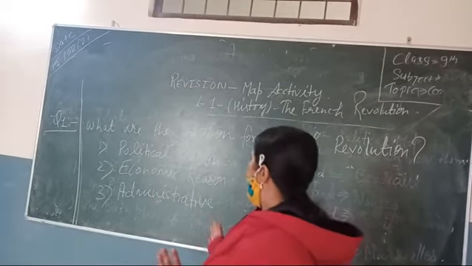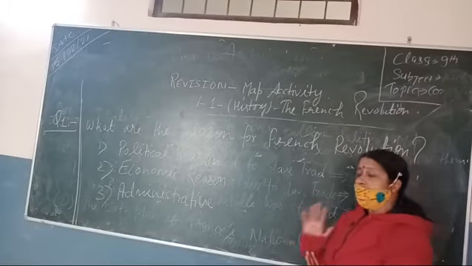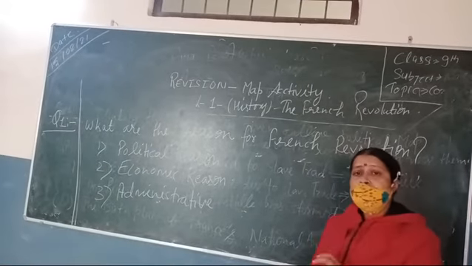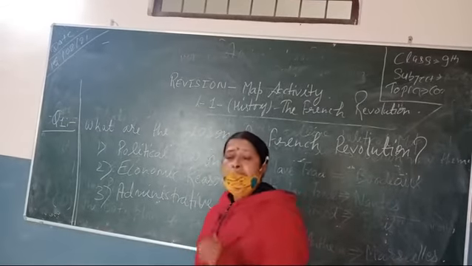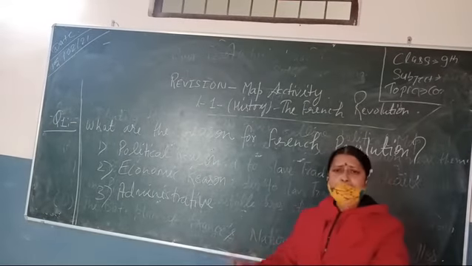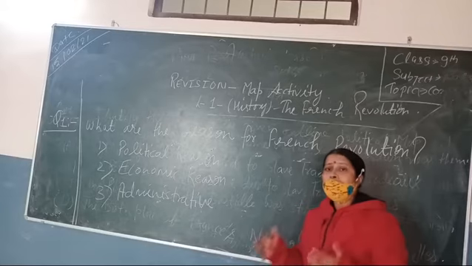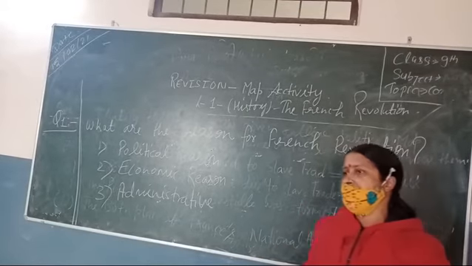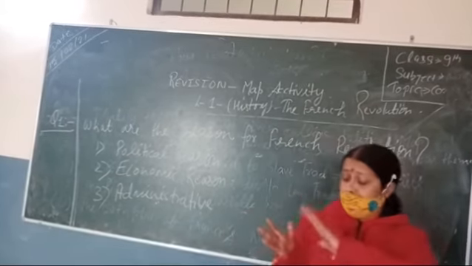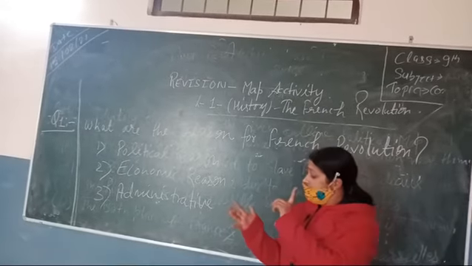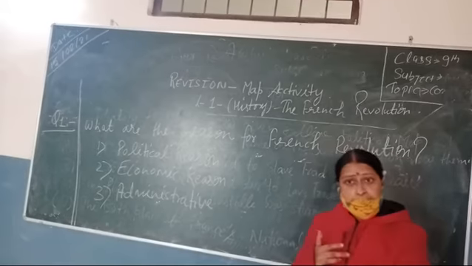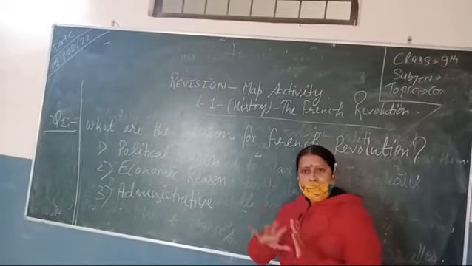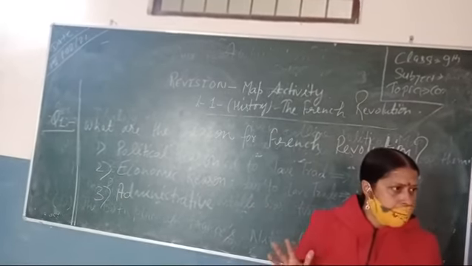Understood? Now we are talking about the economic reason. Yes, there were great economic reasons for the third estate people, as they were suffering from hunger. You know how important this chapter is. When we study the French Revolution, the Russian Revolution, nationalism in India, you know that for 200 years we were slaves in India.